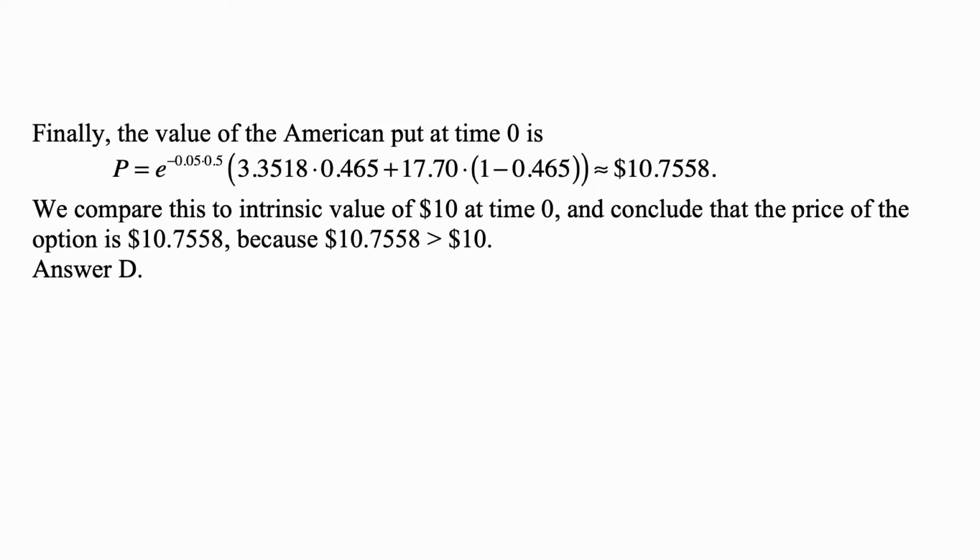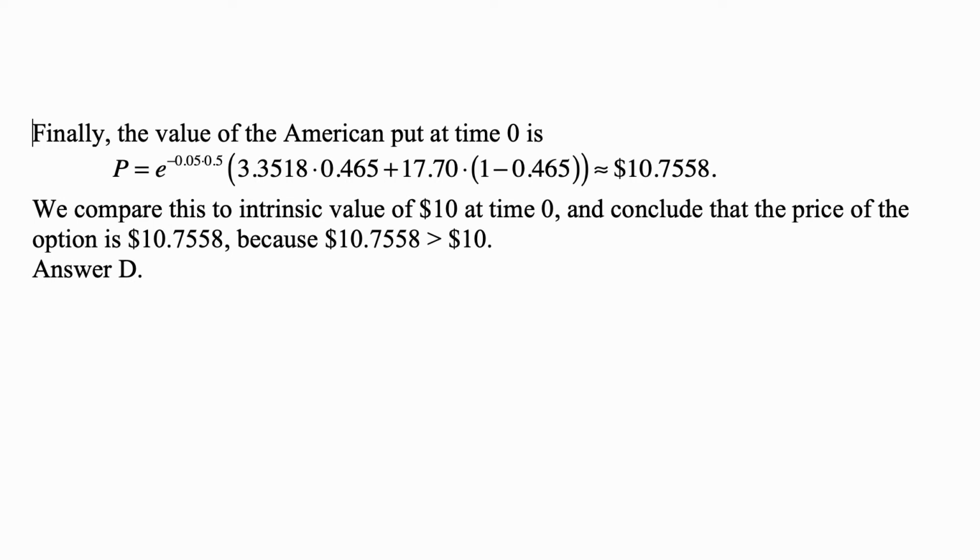And the value of the American put at time 0, if we don't pay attention to the immediate exercise value at time 0, so let's just calculate the expected present value of the future payoffs at time 1/2. It's the discounted, probability-weighted average of 3.3518 and 17.70, and this turns out to be 10.7558.